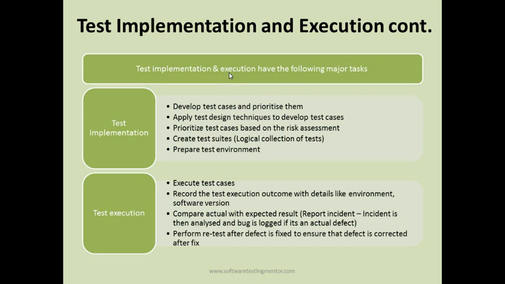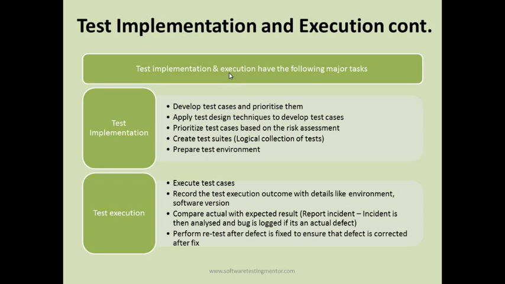You will take your test case, execute the actual steps, and then you will match with the expected result. If actual meets the expected, the test passes, otherwise the test fails.